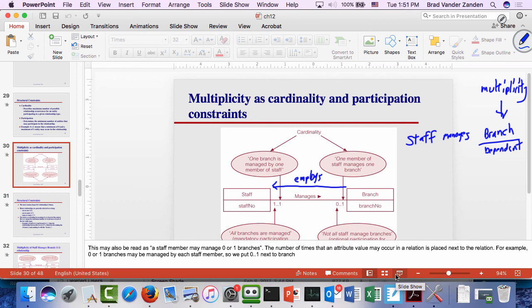Now a branch presumably employs one to many. If it is unbounded, again, we use a star, so we say it employs one to many. And a staff, we might say, belongs to exactly one branch. So when it's 1..1, it means a staff belongs to exactly one branch. A branch can employ one to many staff.